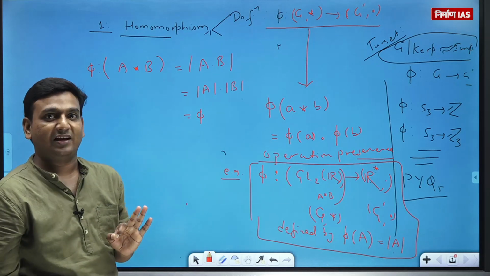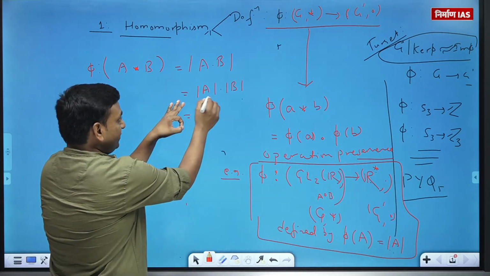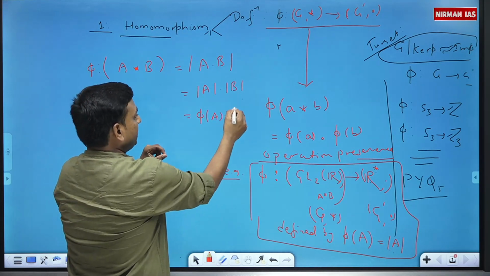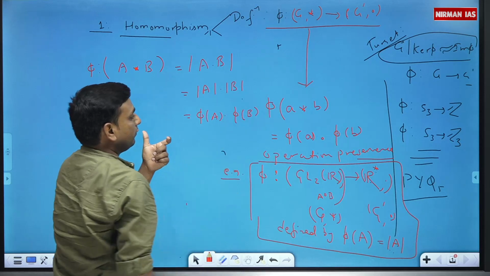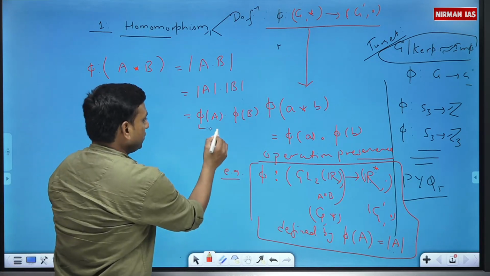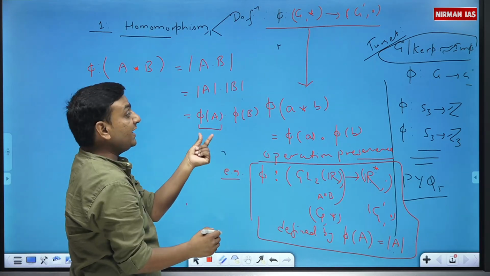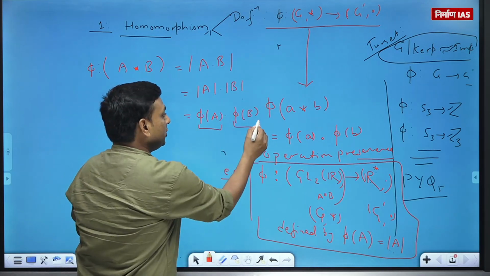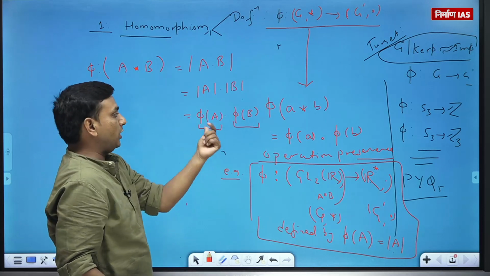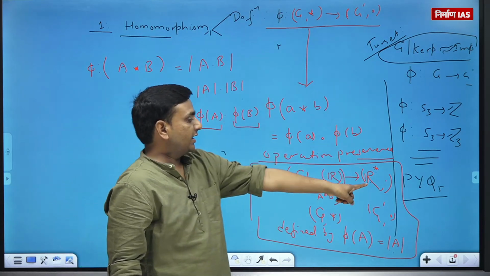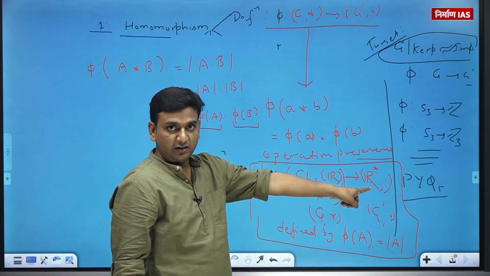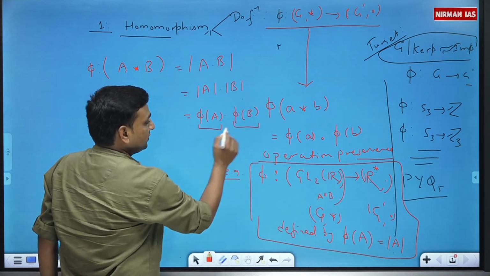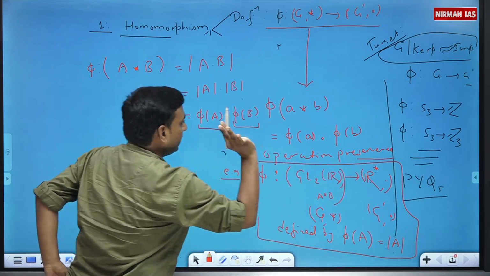Don't cram actually. This determinant of A can be written as phi of A. Determinant of B can be written as phi of B. This is not a matrix. This is a scalar value. This is a non-zero real number. This is again a non-zero real number. The product of two non-zero real numbers again will be a single non-zero real number. That means RHS will be some element of R star.